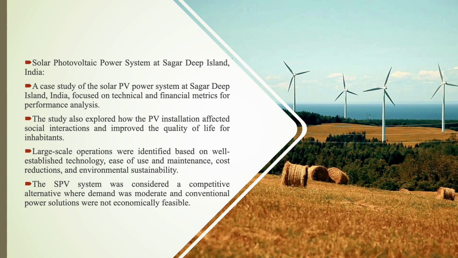Large scale operations were identified based on well established technology, ease of use, maintenance, MOS reduction, and environmental sustainability. The SPV system was considered a competitive alternative where demand was moderate and conventional power solutions were not economically feasible.